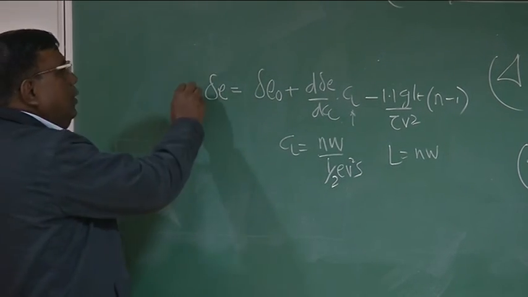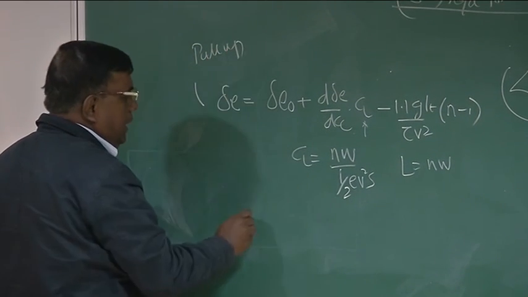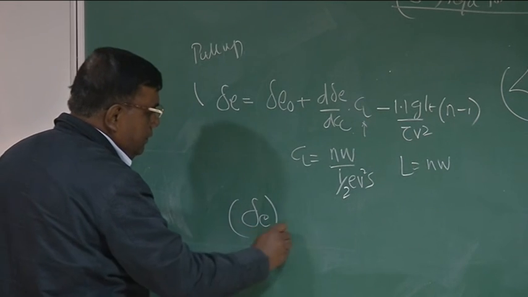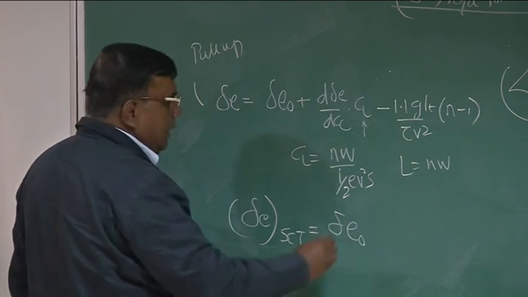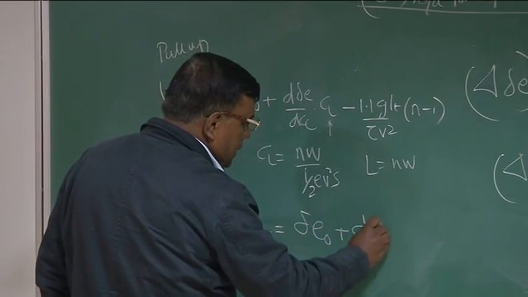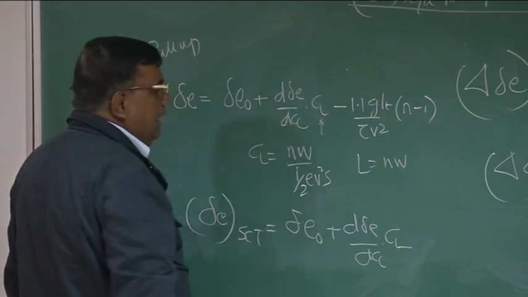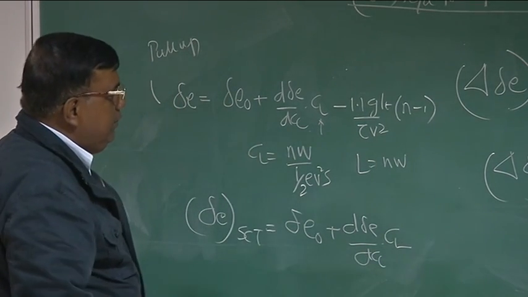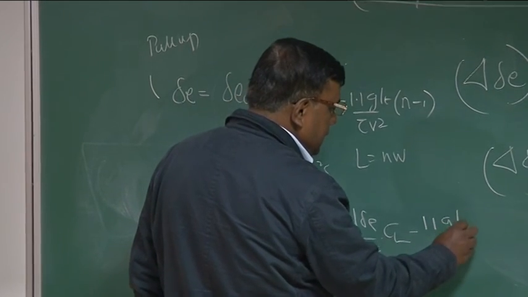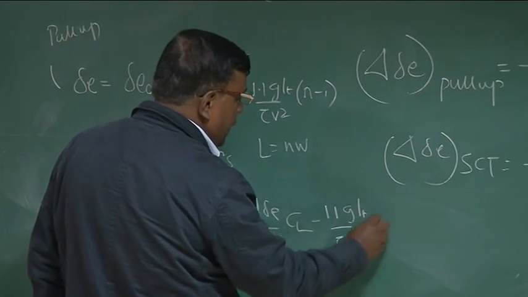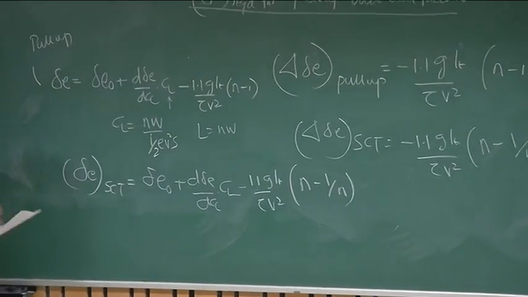This is for pull-up. Similarly, delta E for a steady coordinated turn: that much delta E was required for equilibrium, d delta E by dCl into Cl, where Cl is again nW by half rho v square S, and then minus 1.1 g Lt by tau v square n minus 1 by n. This is our final finding.